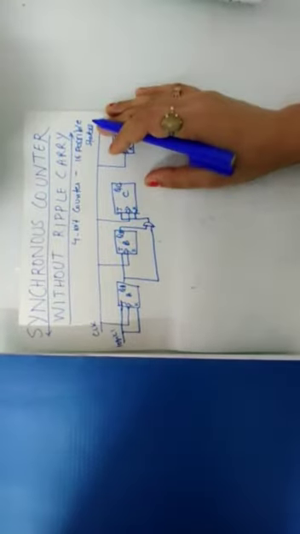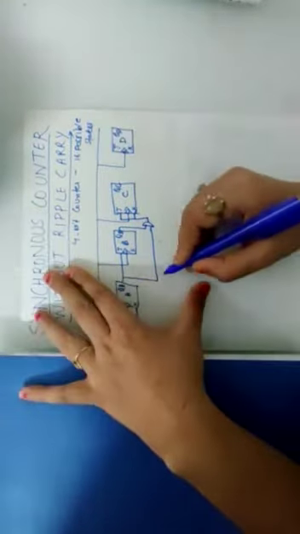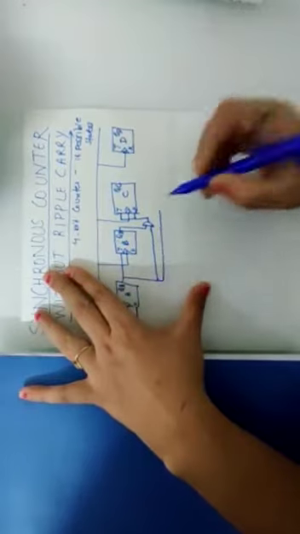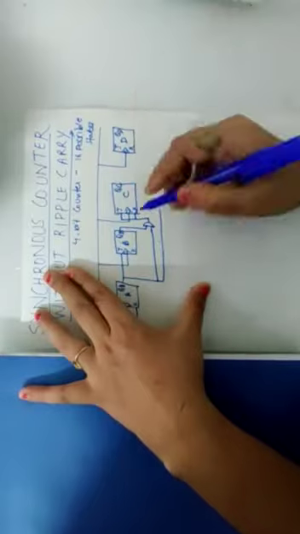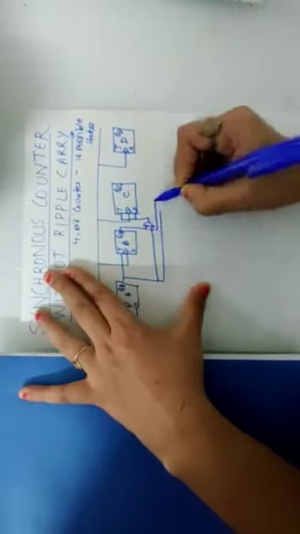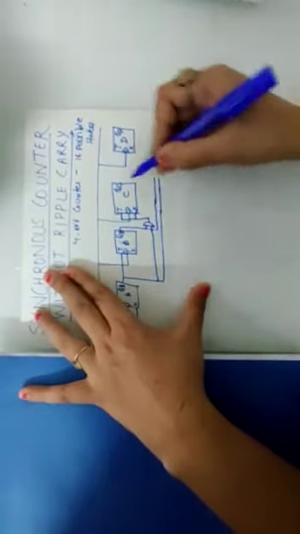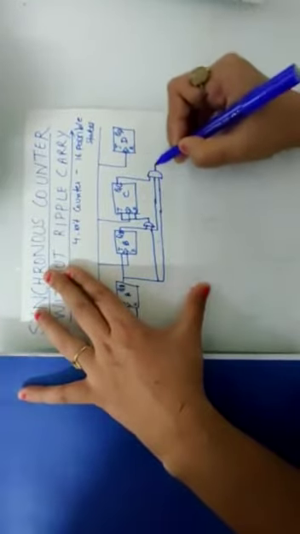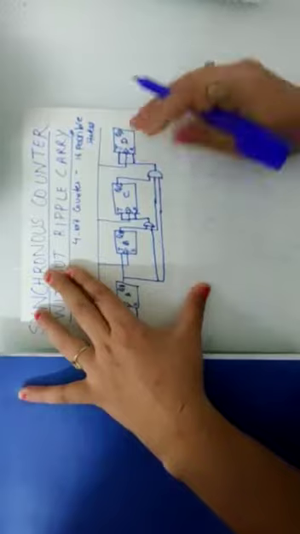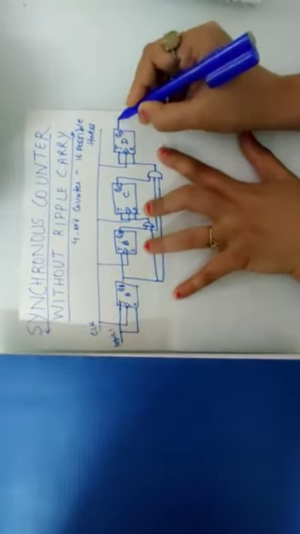But here we make a slight change: we take QA separately. They are not proceeding from that AND gate. We take the separate outputs QA, QB and QC into a 3-input AND gate, and then it is fed to QD. This is the major change that we have to see.